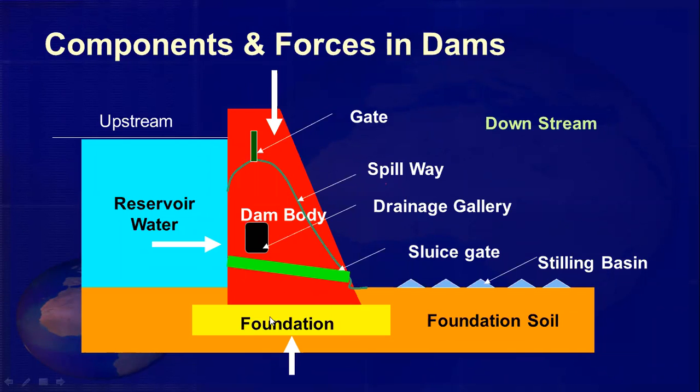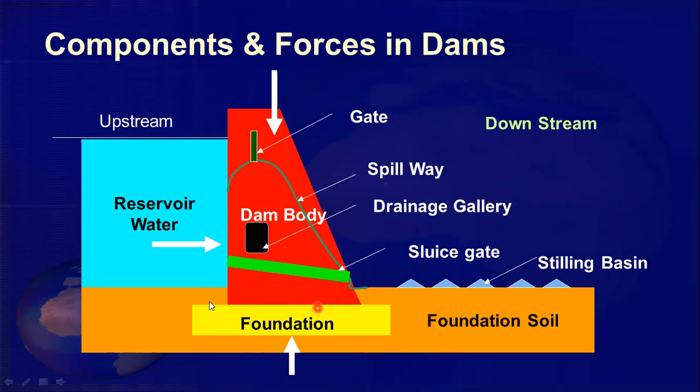The trapezoidal shape is maintained to prevent the horizontal thrust, the horizontal force created by the huge volume of water. To resist that force, and the lifting moment which is acting on this wall of the dam, this type of shape is preferred. So this is basically a trapezoidal shape, as you can see here.